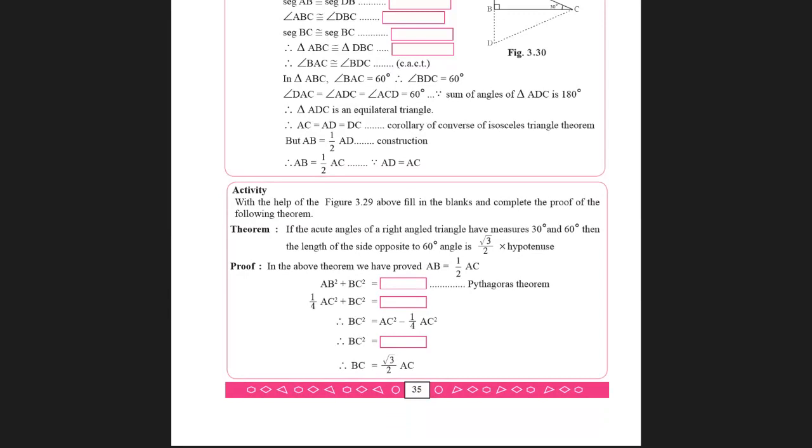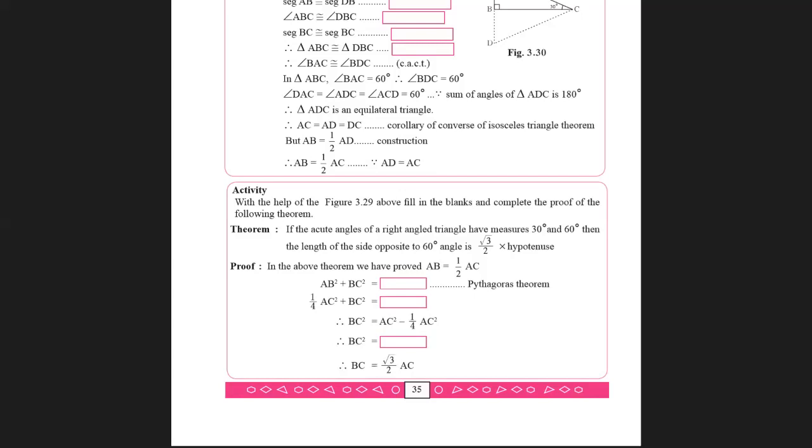Therefore, if I take the square roots on both the sides, BC is equal to the square root of 3 by 4 AC square. When I take the square root, 3 becomes root 3, 4 the square root is 2, AC square the square root becomes AC. Therefore, I get BC is equal to root 3 by 2 times AC.